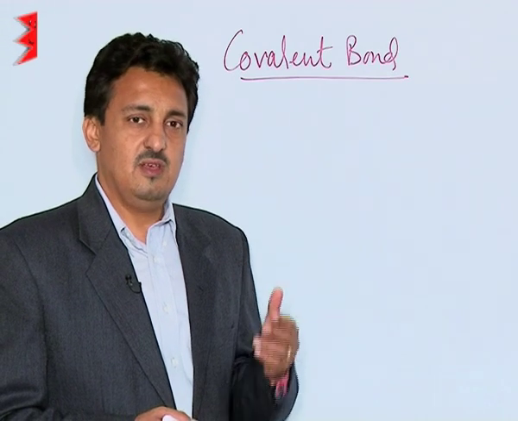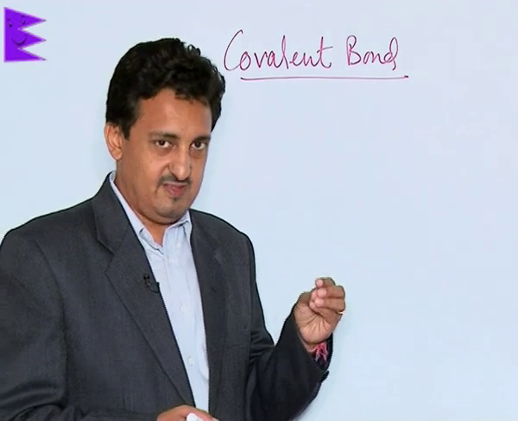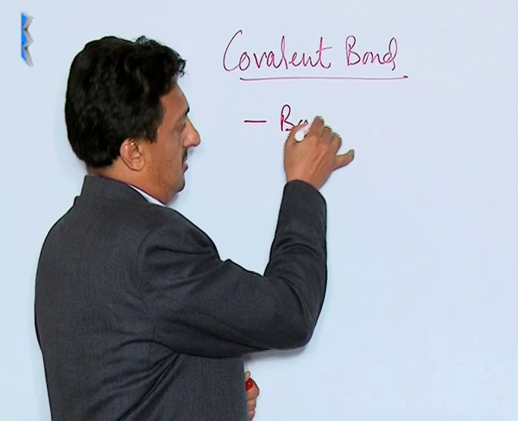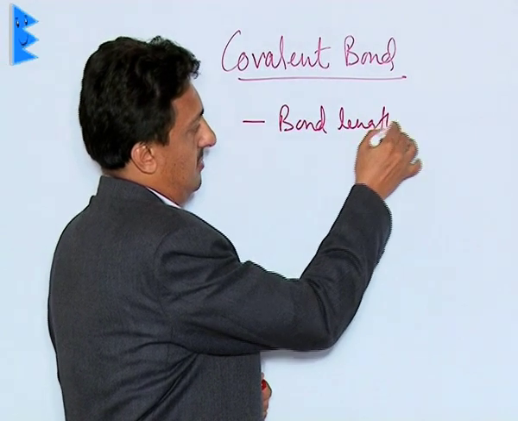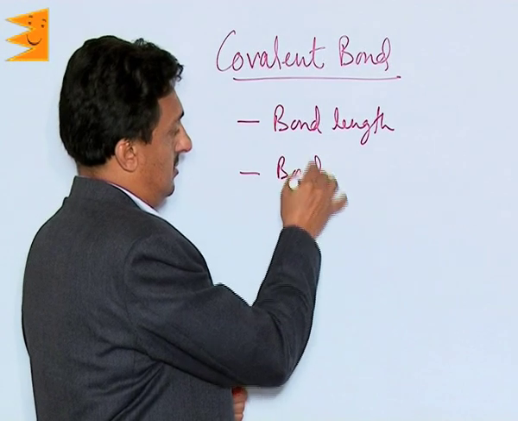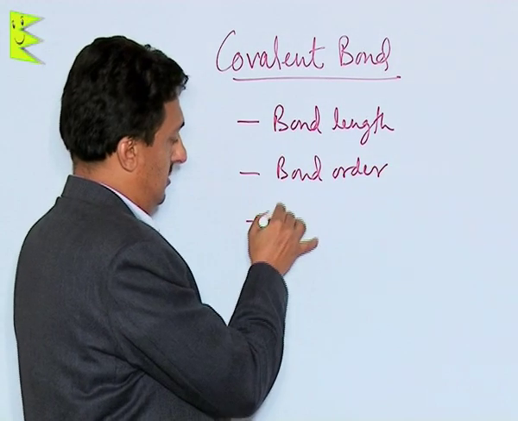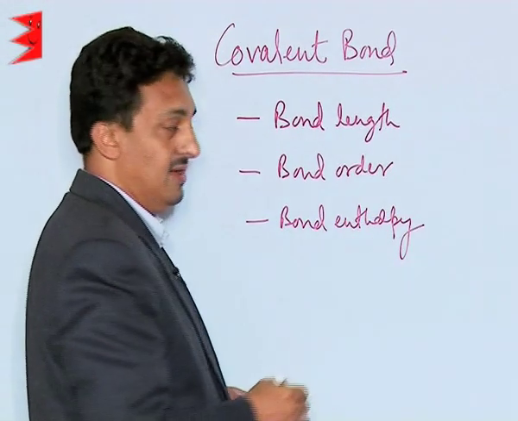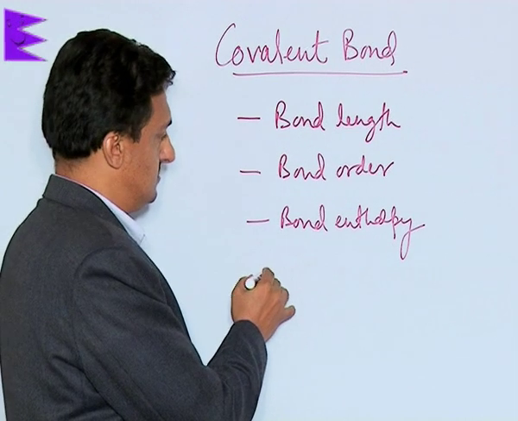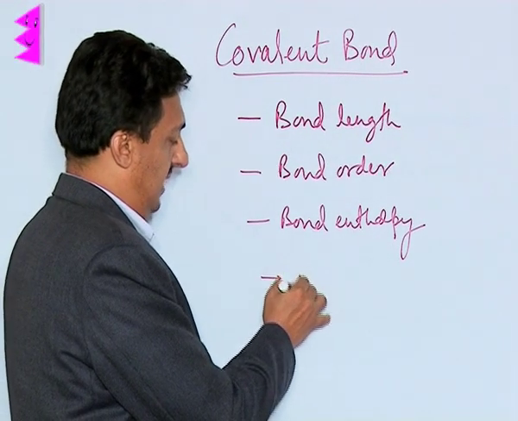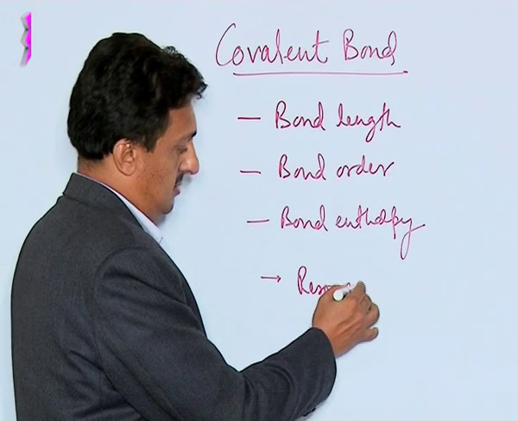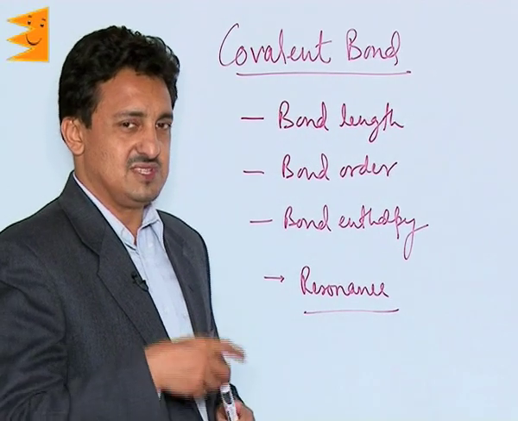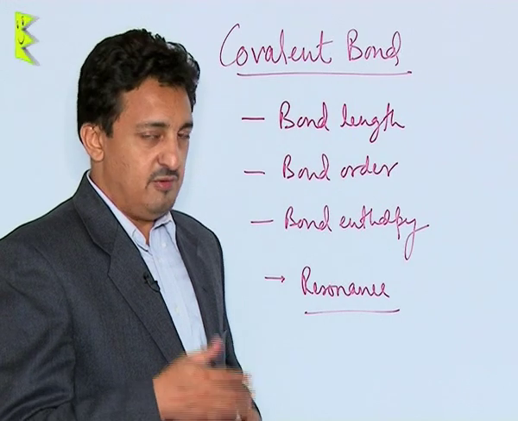Whenever covalent bonds are present in any molecular species, they are associated with certain basic properties like bond length, bond order, bond enthalpy, and then a very different phenomenon called resonance. So these are the few things which we must learn one by one before moving ahead.